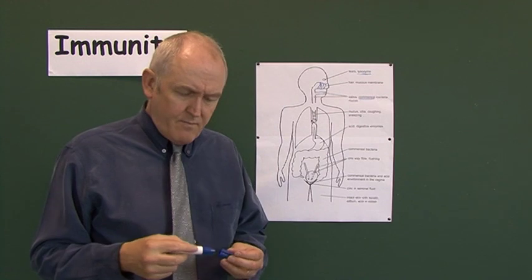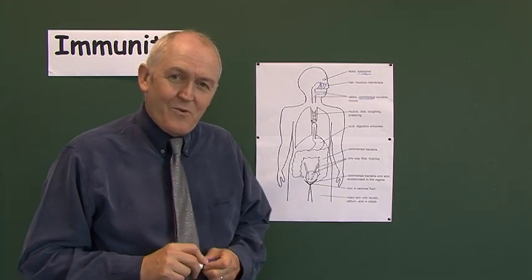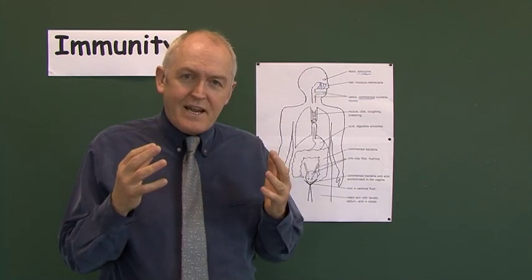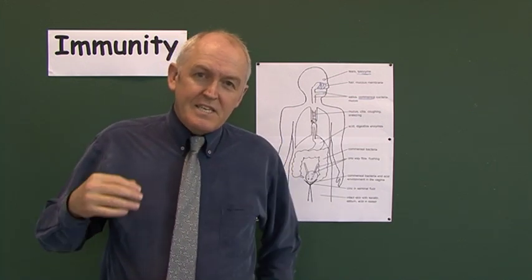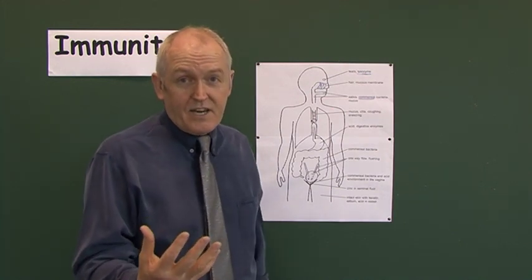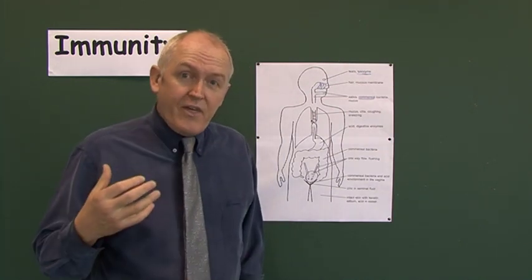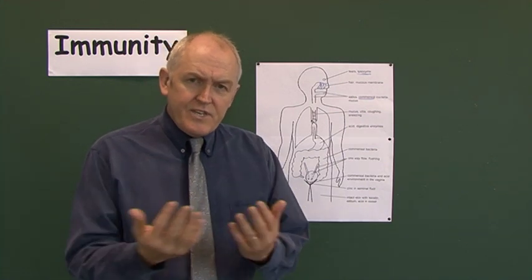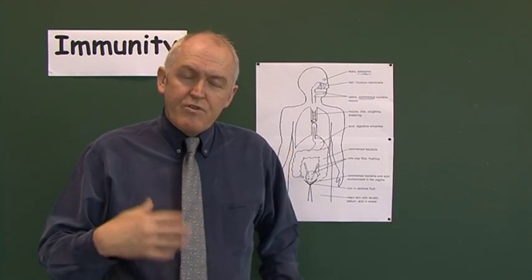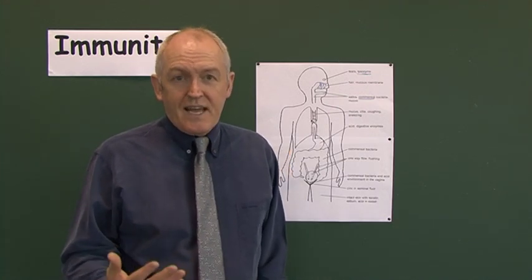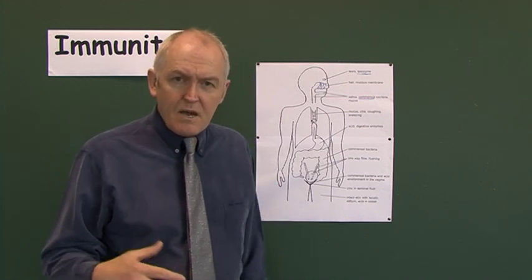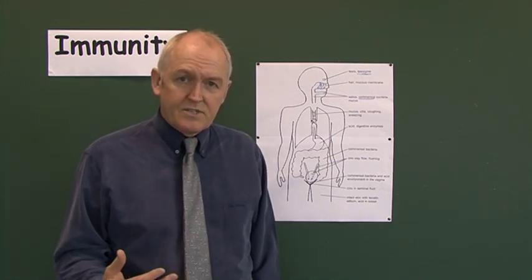So what good is it to have a mouth full of bacteria? Well, because there's lots of what you might call friendly bacteria in the mouth, that means if any nasty bacteria or any nasty fungal infections come into the mouth, then the ecological niches in the mouth are already full. So the friendly bacteria will prevent colonisation with nasty, potentially pathogenic bacteria. They are commensal bacteria, they live with us.